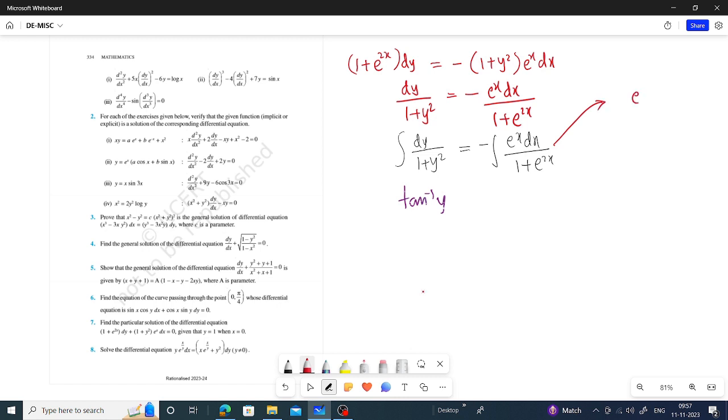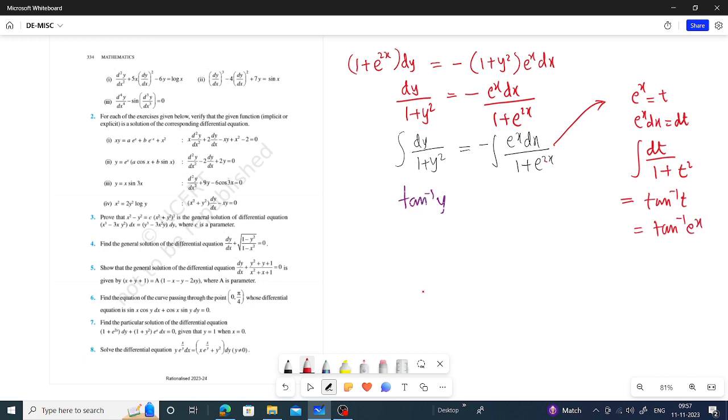We go for a substitution. E raised to x is equal to t, so that e raised to x dx becomes dt, right? So it becomes dt by (1 plus t square), since e raised to x whole square means t square. So this is also converted into the standard form, which gives tan inverse t, which means tan inverse e raised to x.